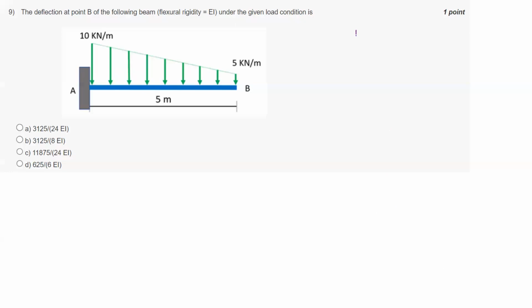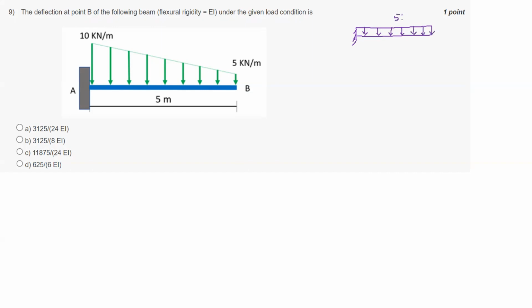So we can have one part, that is the UDL, which is 5 kilonewton per meter.